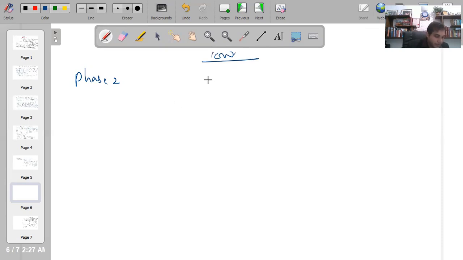Phase 2, the 1st of August 2019, the project completion date. So we'll take 1st of August 2019, that is the date that they have incurred. Okay, 1st of August 2019, this is the incurred date.